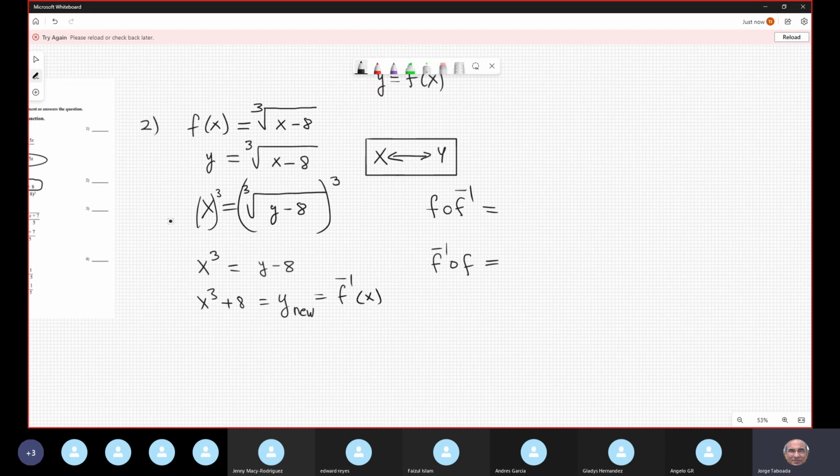What way do you prefer in the test? You apply the composition to discover the composition is the identity, or you prefer doing it in Desmos? What do you consider better, in your opinion? I want to hear opinions. Desmos. Jenny said that Desmos is much better, professor. Okay. I respect that.